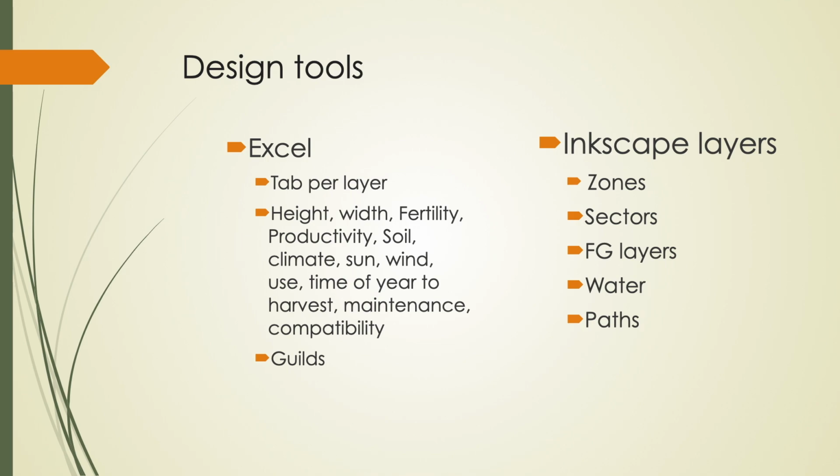For each of those, I tabulated the height and width, the fertility, whether it's self-fertile or self-sterile, how productive it was, what type of soil it would need, what kind of climate it required, did it need to be in the sun or the shade, would it be tolerant to wind and to frost, what you would use the output for, what time of year you would harvest it, what time of year it would flower, how much maintenance it required, and were there any compatibility issues.